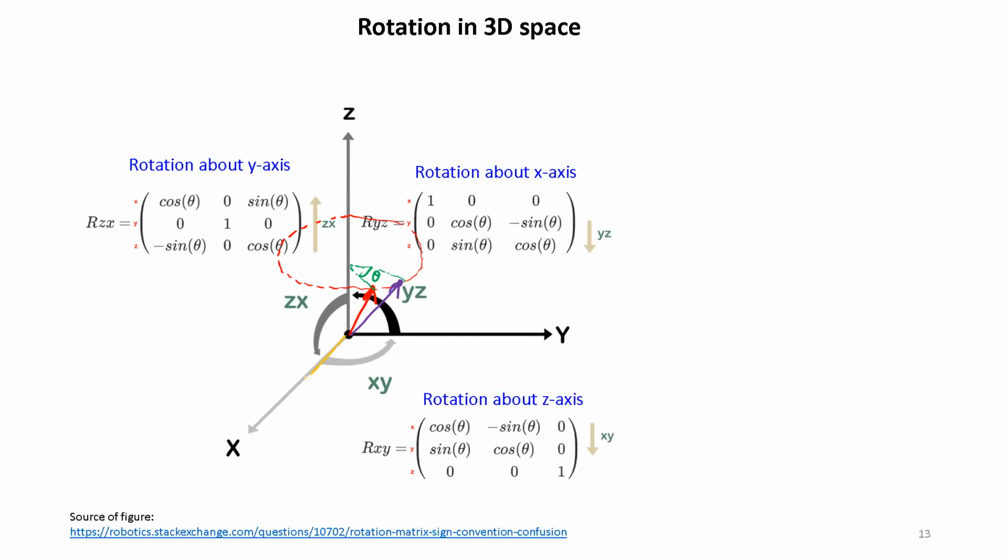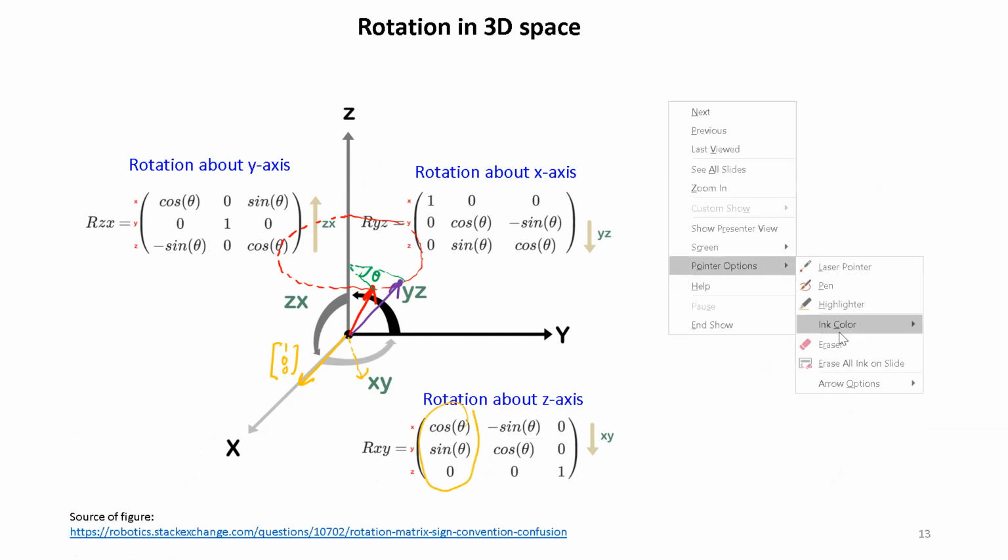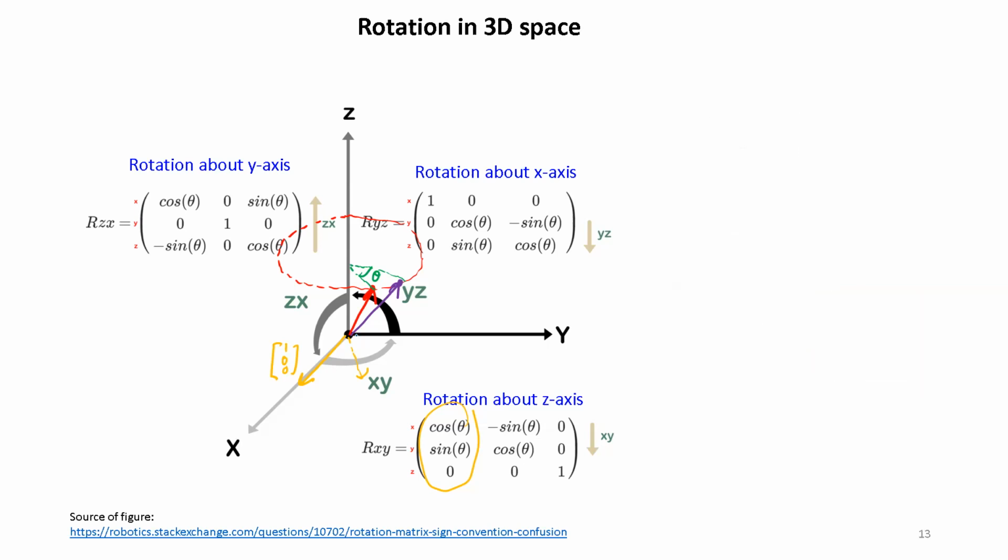We need to consider this one, which is x hat, which this time is 1, 0, 0. After rotation, it will be a vector that looks like this, still staying on the XY plane, and that is exactly given by this one. And then if you consider the rotation of this 0, 1, 0, after rotation it will be something like that.